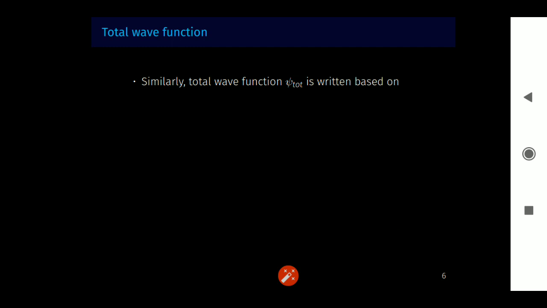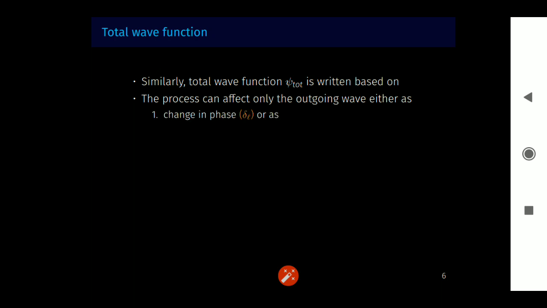The total wave function we can write in a similar manner. However, the total wave function must include the important interaction taking place between the incident wave and the target. That information lies either in the form of a change in the phase shift delta L, or in the form of a change in the amplitude modulus of eta L of the Lth partial wave.